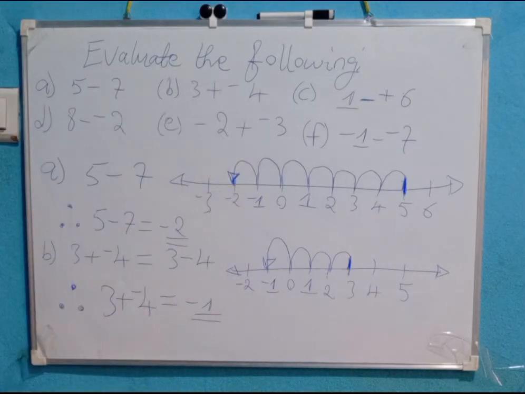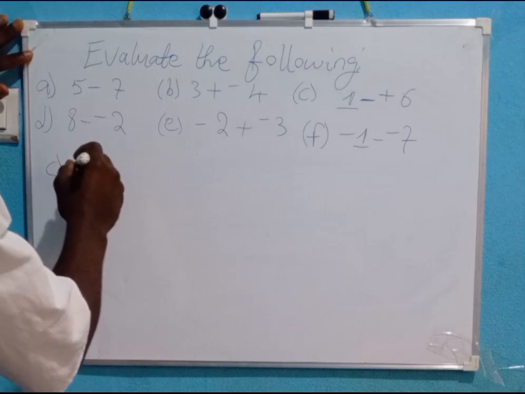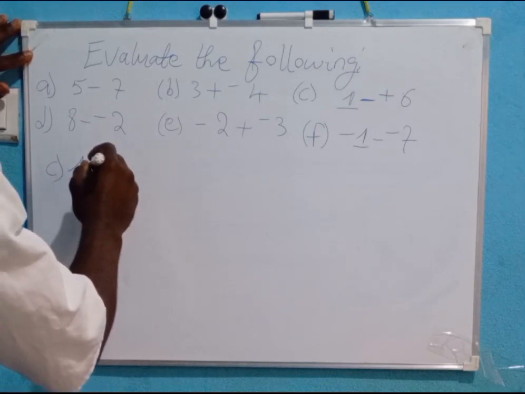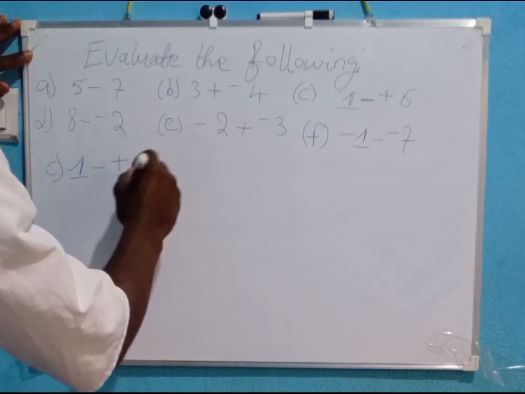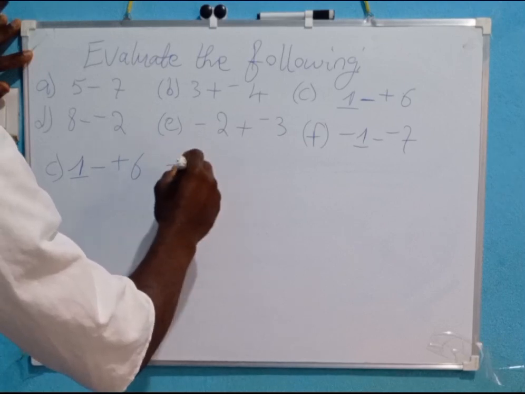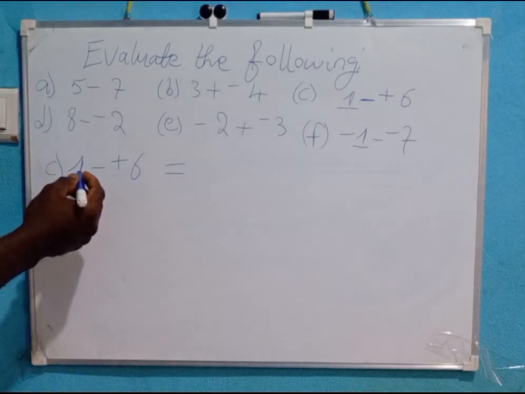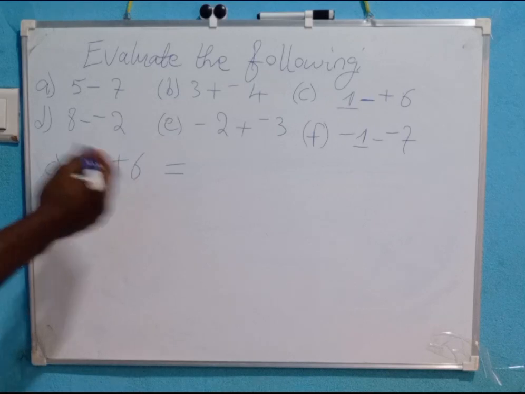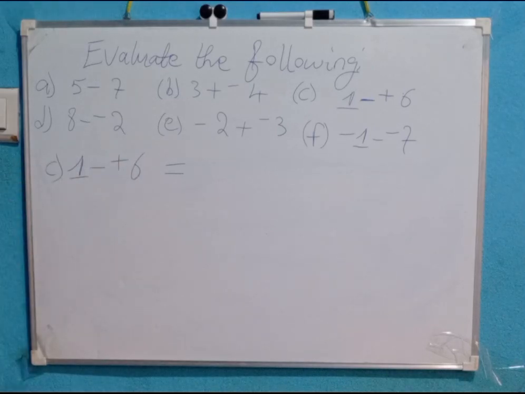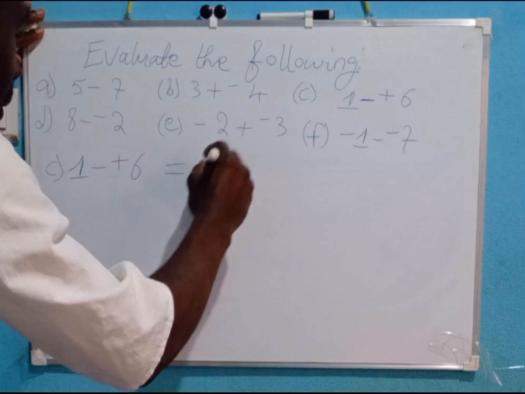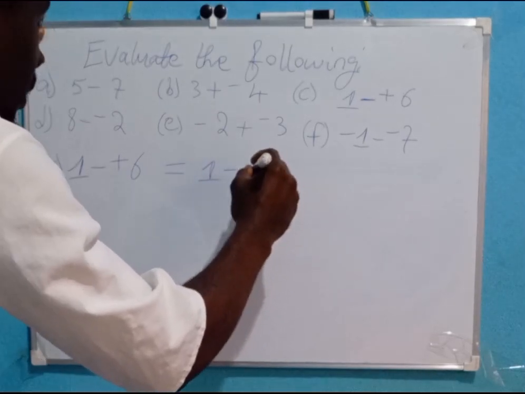Let's go now to C. For C, we are going to use a different approach. For question C, we have 1 minus +6. This will simply be equal to, applying the sign rule, negative, positive, the resulting sign will be negative. So this will give us 1 minus 6.